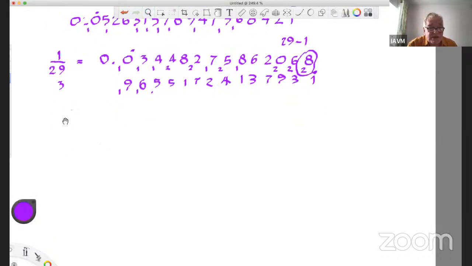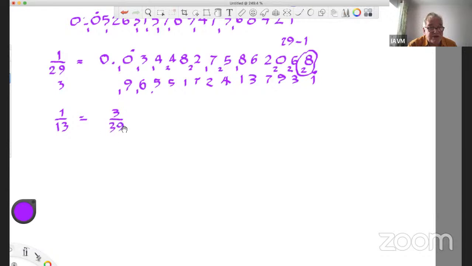And if we want to, I won't go into this. Well, this 1 over 29 here has 28 digits, very easily found. We can extend the method to denominators like 13, because 13, by multiplying top and bottom by 3, is 3 over 39.